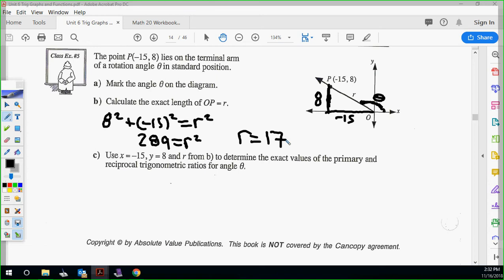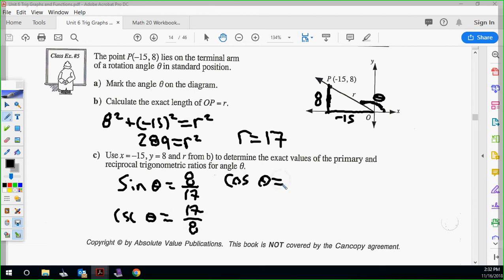So the ratios would be sine theta would be y over r, which is 8 over 17. Cosecant theta, 17 over 8. Cosine theta, negative 15 over 17.